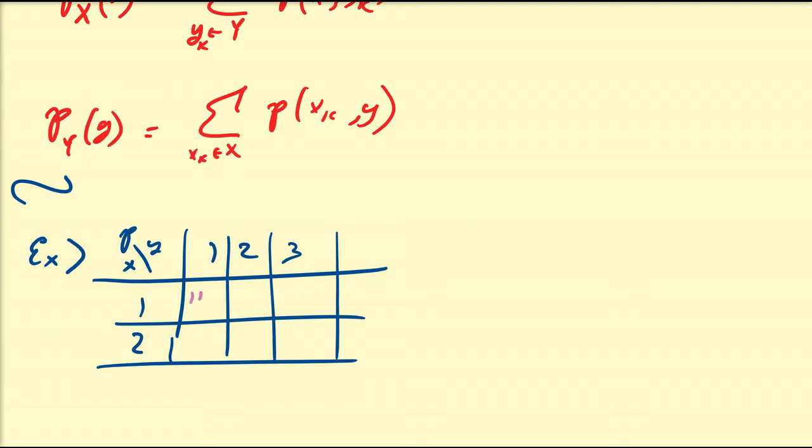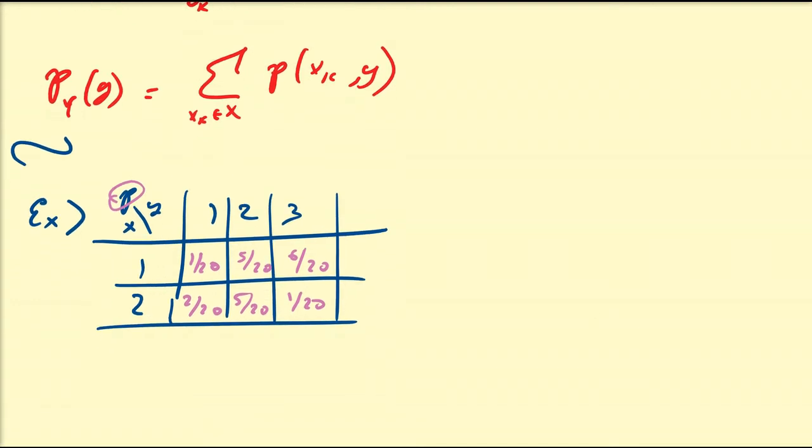So what was that? 1/20, 5/20, 6/20, 1/20, 5/20, and 2/20. We've already verified that P in this case is a joint probability mass function on x and y. So let's calculate its marginal probability mass functions.